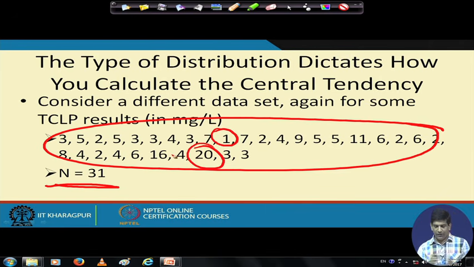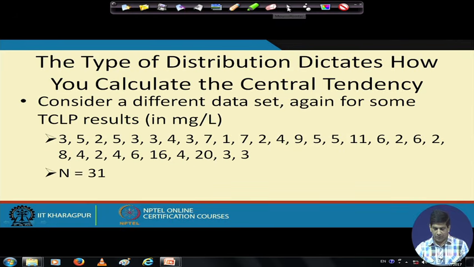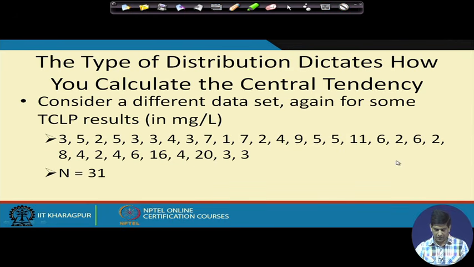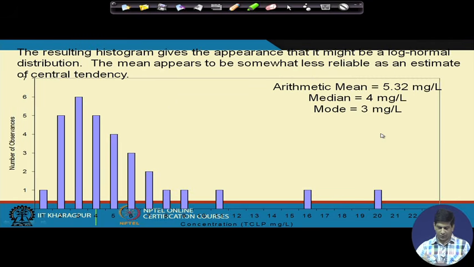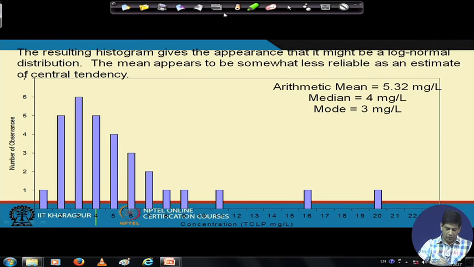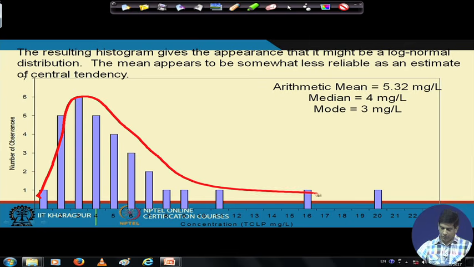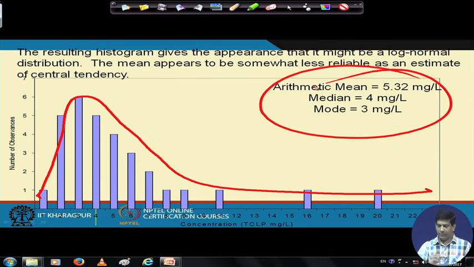So it's a lot more variability than what we saw in the previous distribution. If we do the same histogram for this sample, it looks more like a log normal distribution, with a peak and then a long tail. That's the typical log normal distribution, and you can do the arithmetic mean, median, and mode for that too.